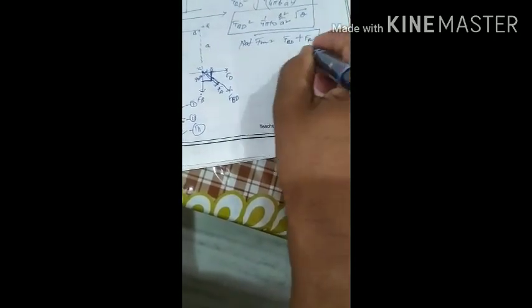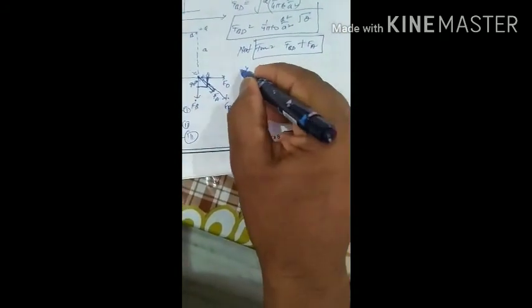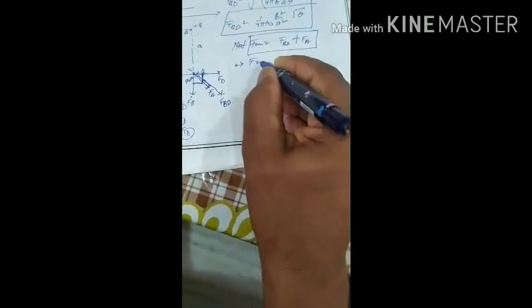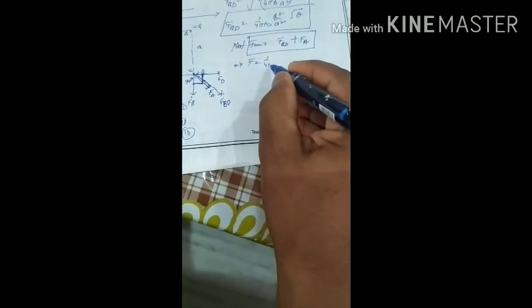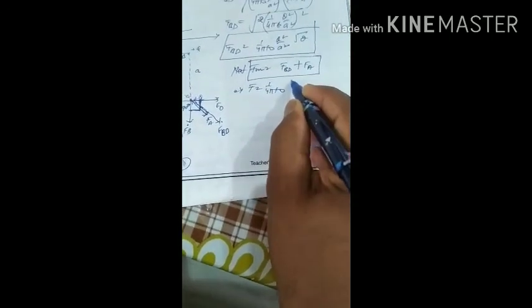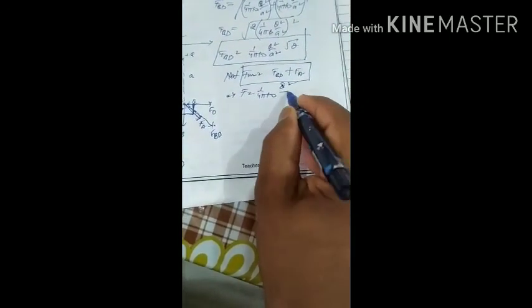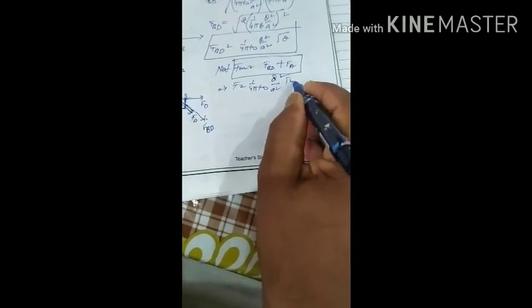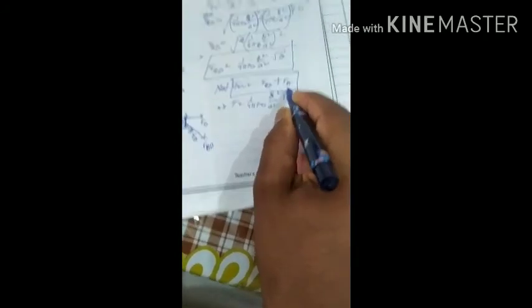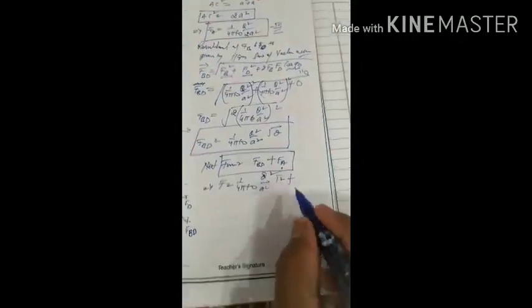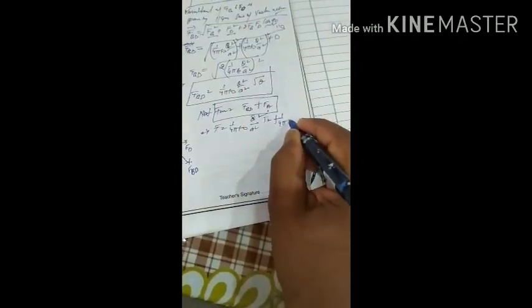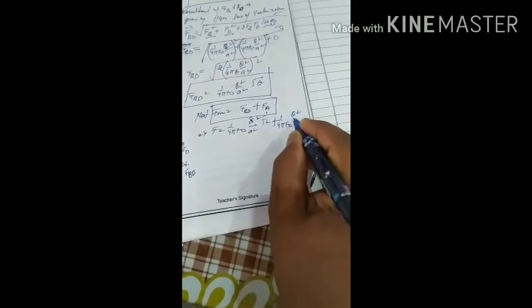So F is equal to 1 upon 4 pi epsilon naught Q square upon a square times root 2, plus the value of FA, which is given by equation number 4, 1 upon 4 pi epsilon naught Q square upon 2a square.